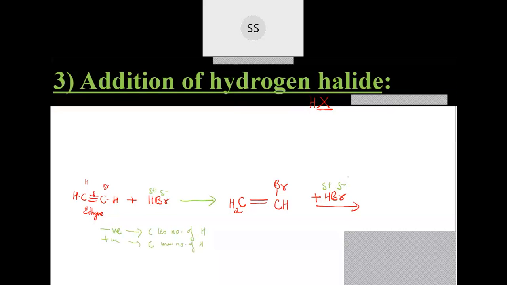Across a double bond you have to check. Here you can see there is only one hydrogen, and this side we have two hydrogens. So this carbon has less number of hydrogen. So the negative part will go to the carbon having less number of hydrogen, and this positive part you will take to the other carbon.